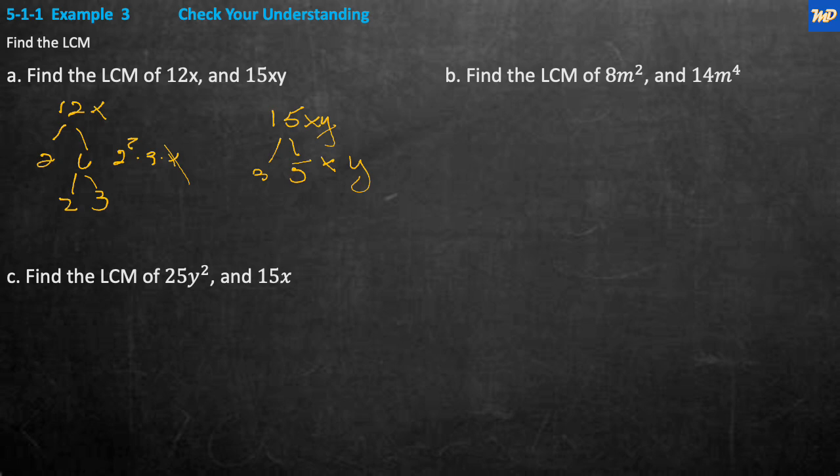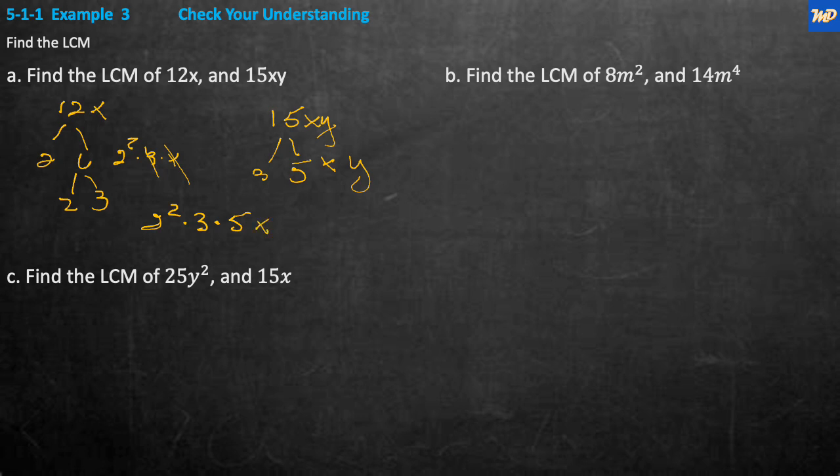So the whole answer is going to be 2 squared. We have a 3 here and a 3 here. We can only use one of them, so might as well use this one here. So we have a 2 squared, sorry, 2 squared, times 3, times 5, x.